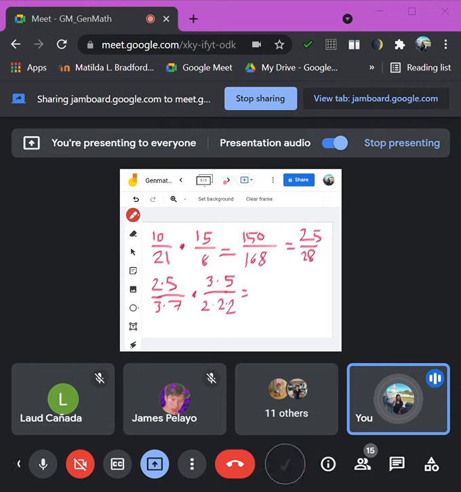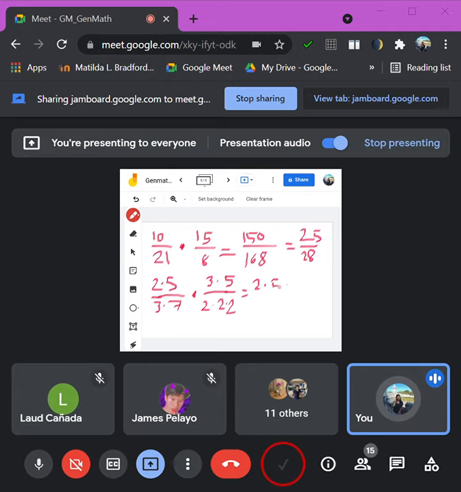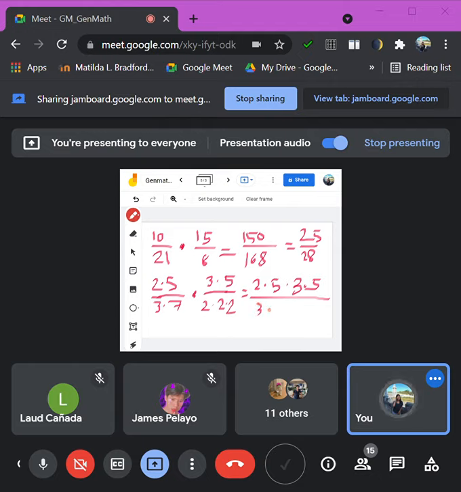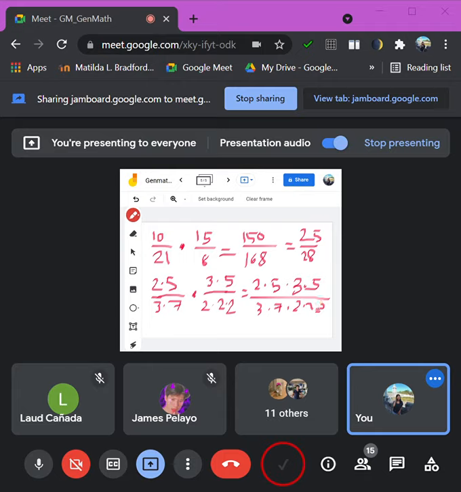Now, imo na siyang i-combine dira tanan. And then, ika-combine ni mo, mangita kag makancel. Mugawas lang gyapon ang 28. For example, 2 times 5 times 3 times 5. And then, diri sa ubos, i-combine pod nimo: 3 times 7 times 2 times 2 times 2.